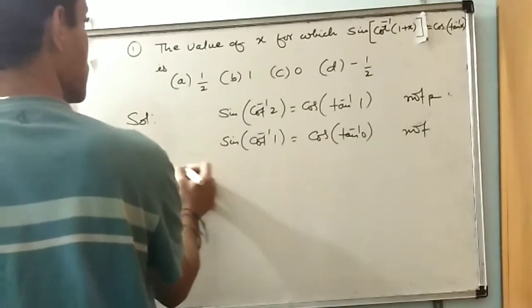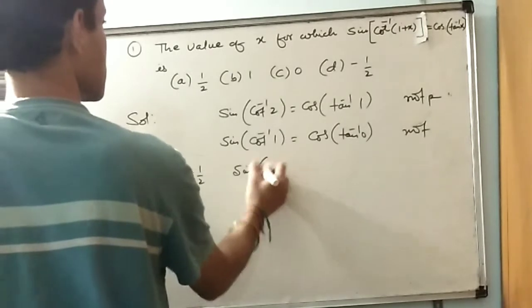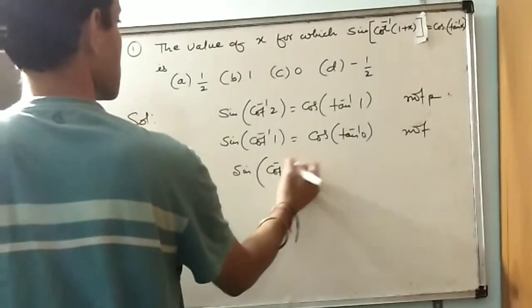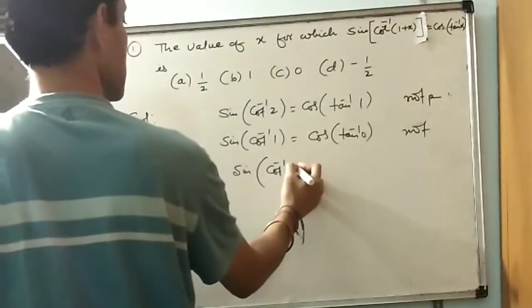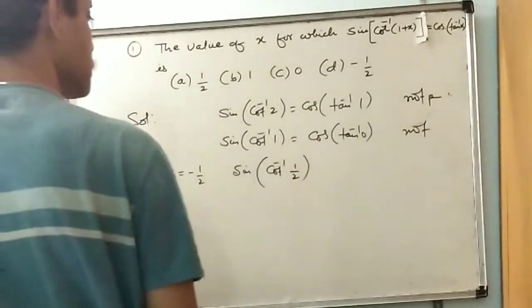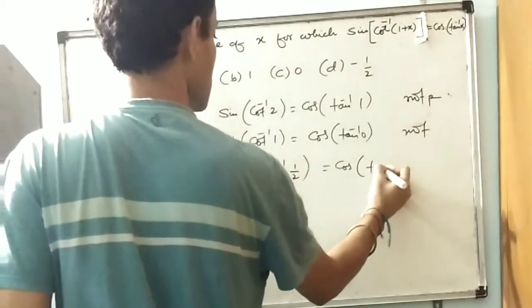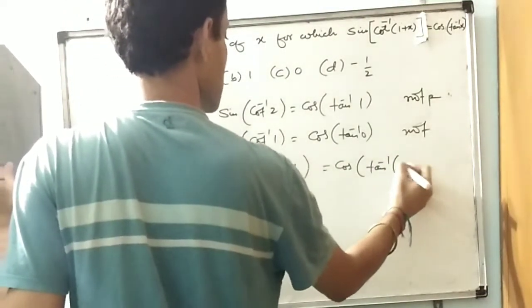Say I am going with x equal to minus half. Sine of cot inverse (1 minus half), that is 1 by 2, is equal to cos of tan inverse minus half.